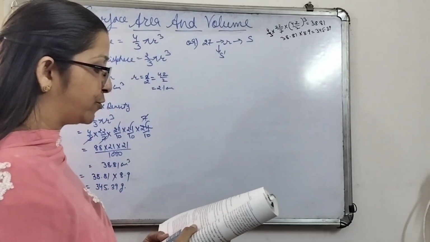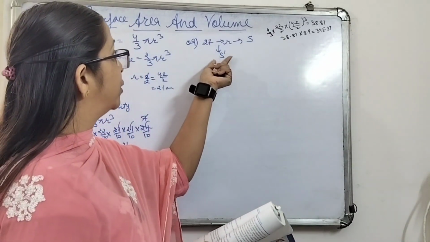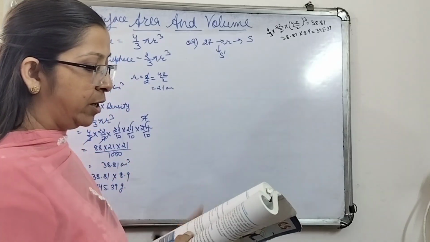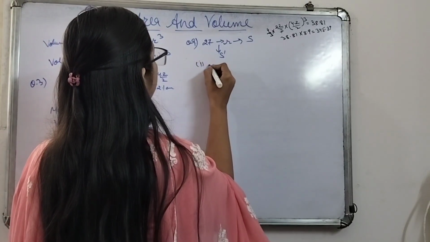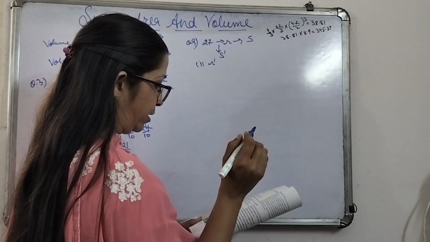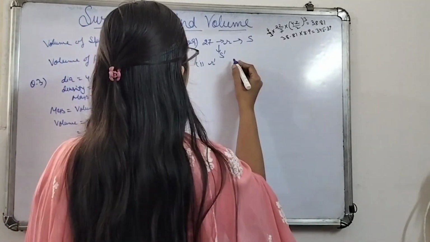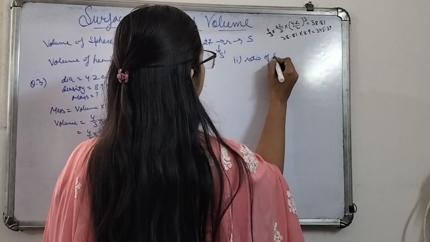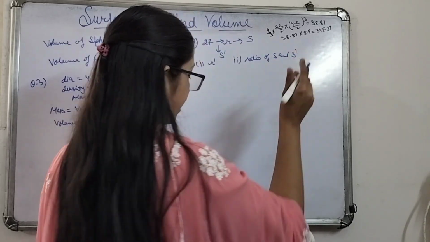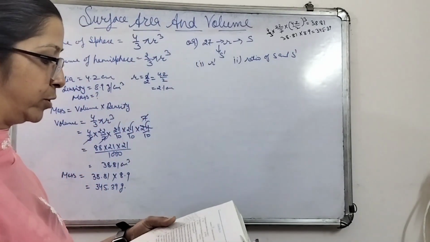So the surface area of the new sphere is s dash. We have to find the radius r dash of the new sphere, and we have to find the ratio of s and s dash.